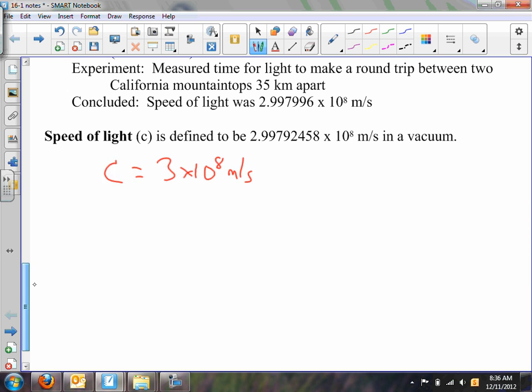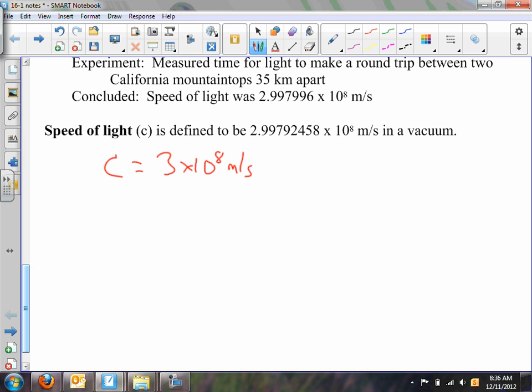So let's do an example of how long it took for the light to travel in his experiment down to the end of that tube and back. That tube was 35 kilometers, and there's a mirror on this end.